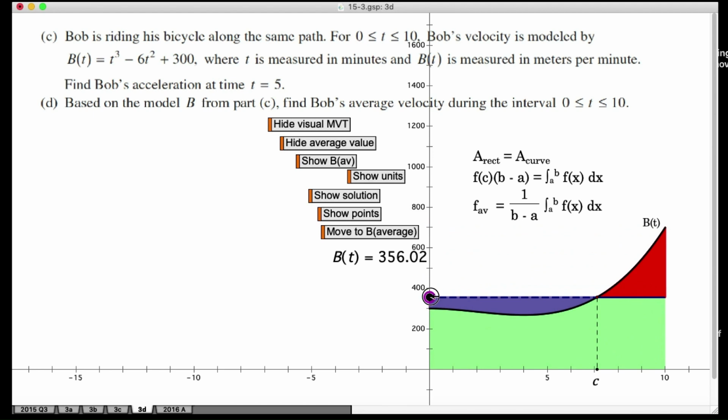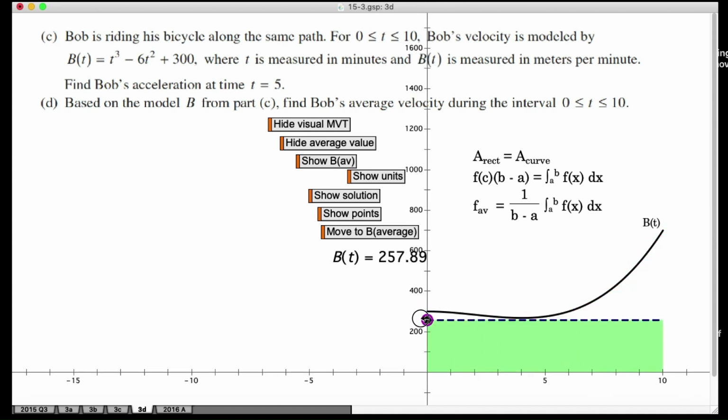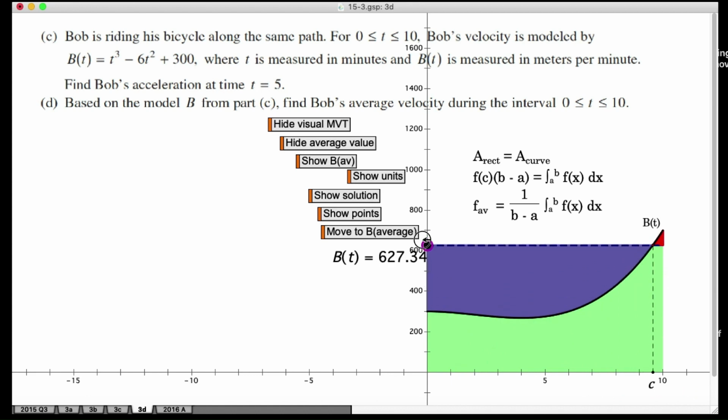And that average height is when I get the area of the rectangle equal to the area under the curve, when the red and the blue regions are of equal size. You can see in this case, I did it for this function b of t, and it's approximately 361, okay? And again, 360 is between the lowest value on the function and the highest value on the function.